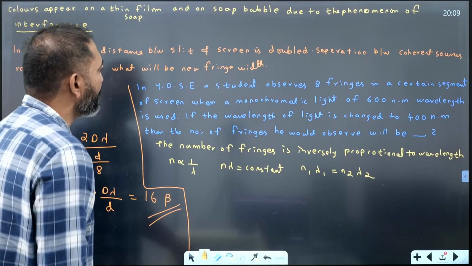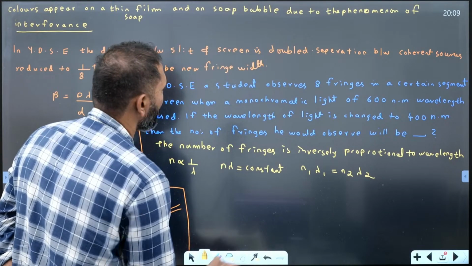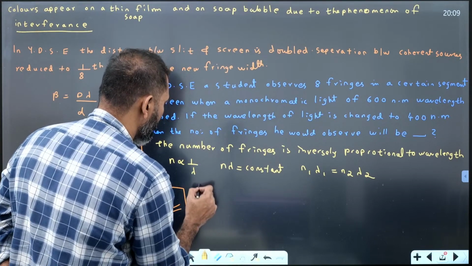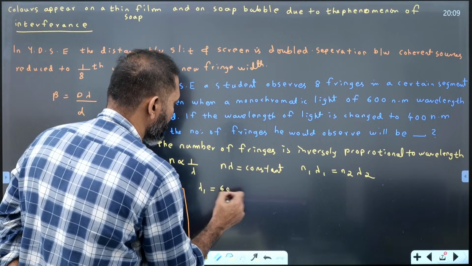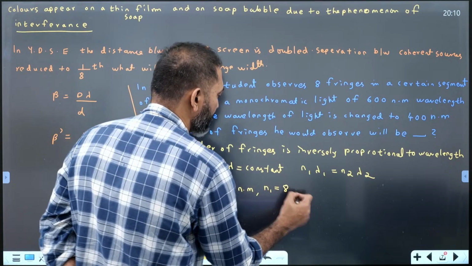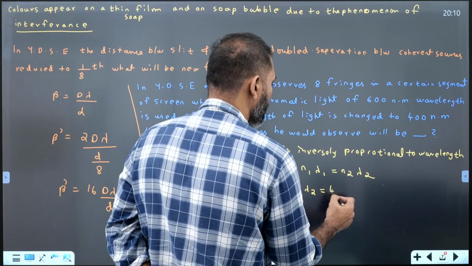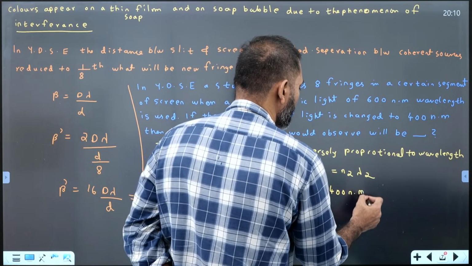Now what are the data we have? 8 fringes with monochromatic light of 600 nanometer. So lambda 1 is equal to 600 nanometer and the number of fringes N1 is equal to 8. Now lambda 2 is equal to 400 nanometer. What is N2?